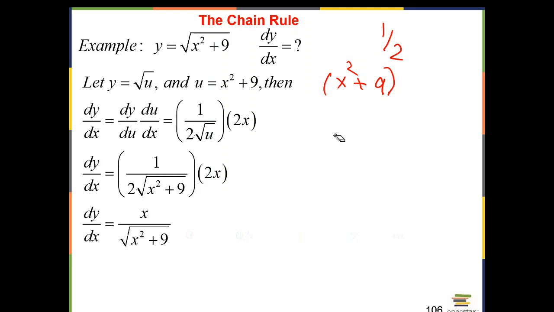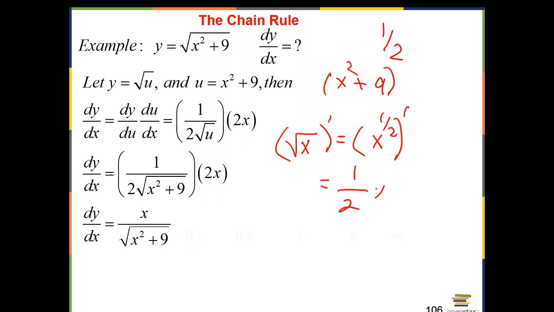If you memorize this idea that derivative of a square root of something, let me do it here. So derivative of square root of x is what? Is derivative of x to 1/2, which is 1/2 x to 1/2 minus 1, which is 1/2 x to negative 1/2, right? 1/2 minus 1 is negative 1/2, which is 1 over, and we move this to the denominator, becomes 1/2.